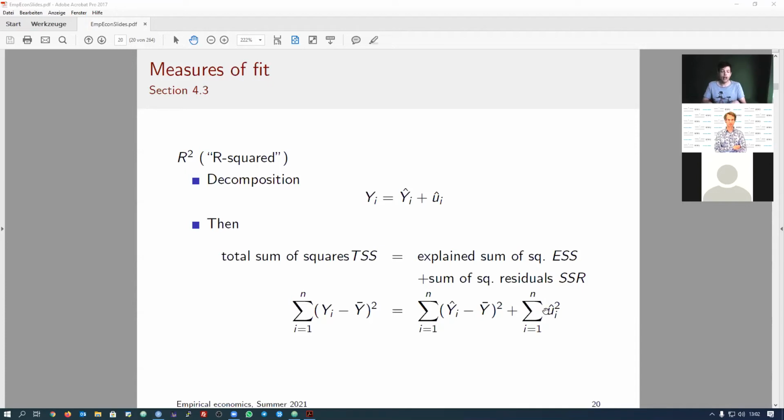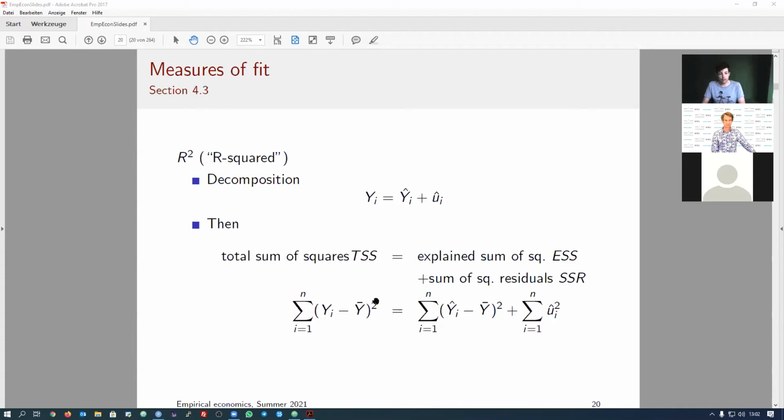Here too we use the fact that the sum of the residuals is always 0, so the average of the residuals is also 0. So implicitly we subtract the average of u hat, so u hat bar, from u hat here as well. You could write u_i hat minus u hat bar, but u hat bar is 0 anyway, so we stick with this formula.